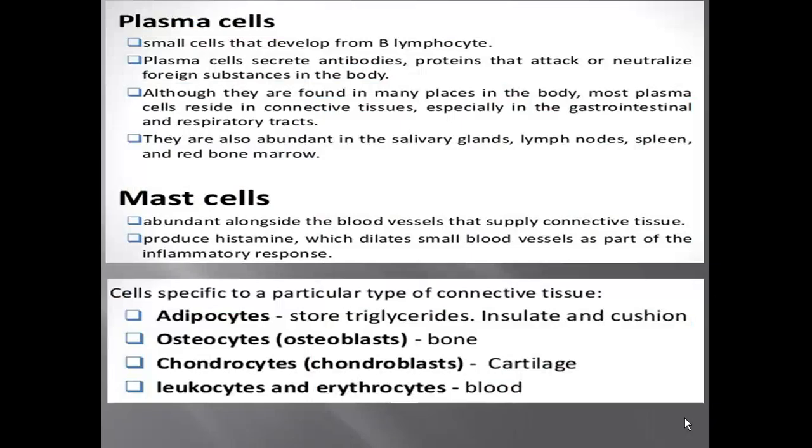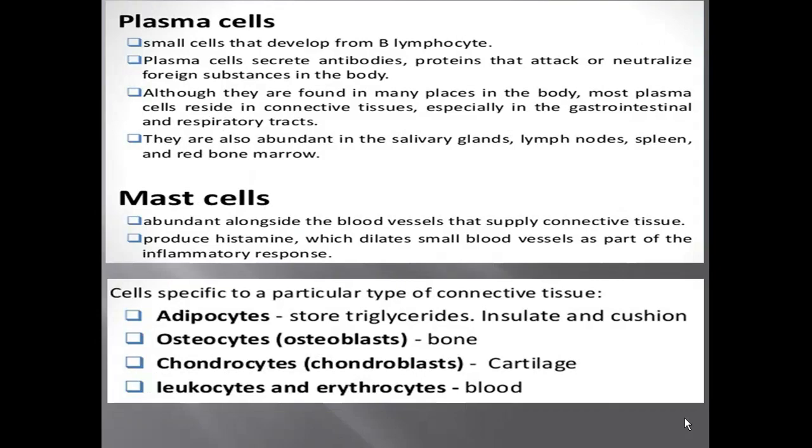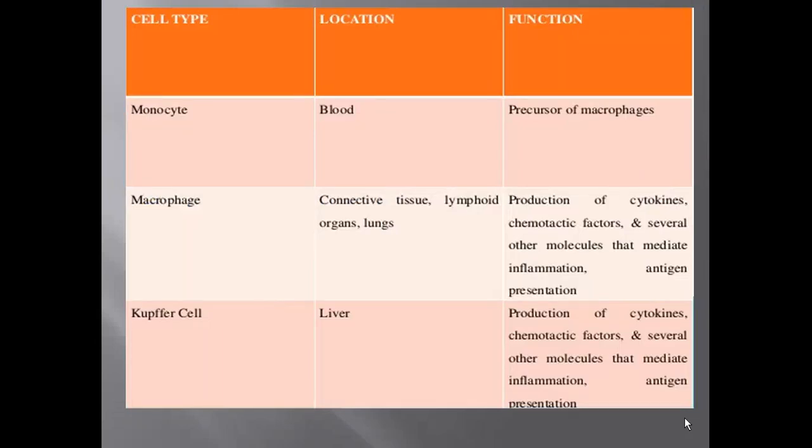Back to the cells: fibroblasts, macrophages, and all of these are just for knowledge. But these tables, I think there are two tables, are very essential and very important. So please learn the cell type, its location, and its function from these tables.